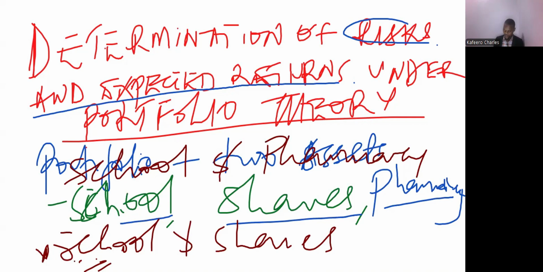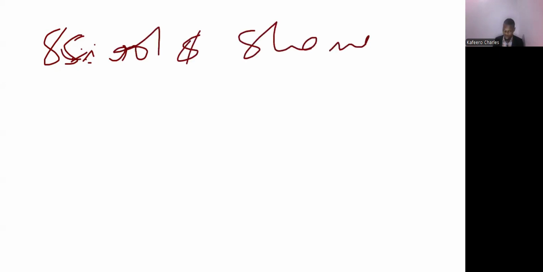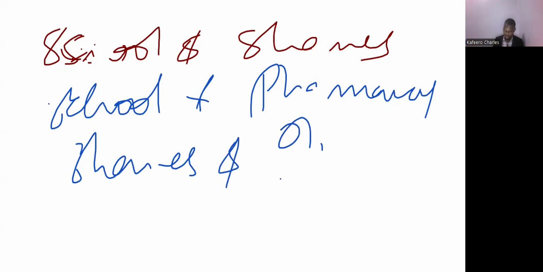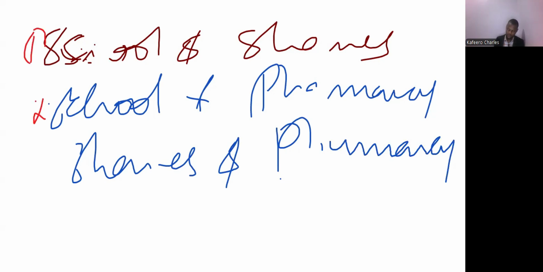Meaning, you can either say, I'm going to invest in a school and shares, or I'm going to be investing in a school and a pharmacy, or you can invest in shares and a pharmacy. So we are going to be having 3 investment projects.